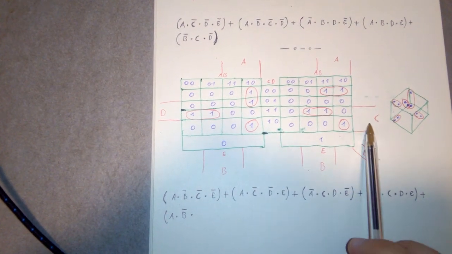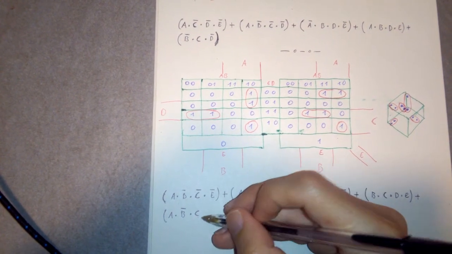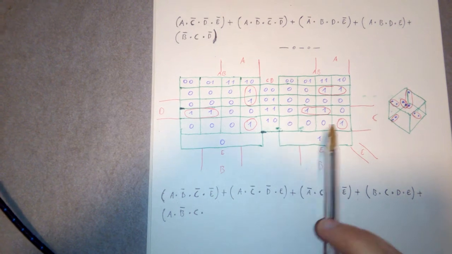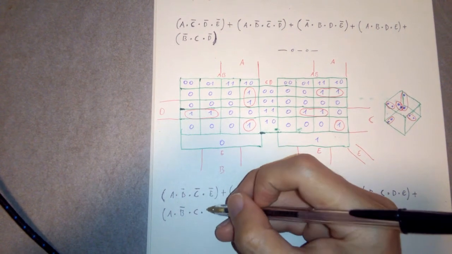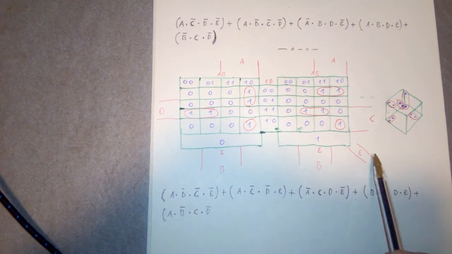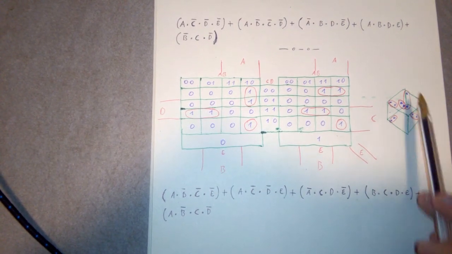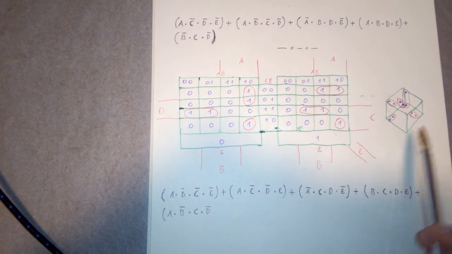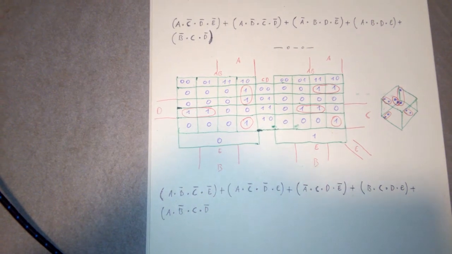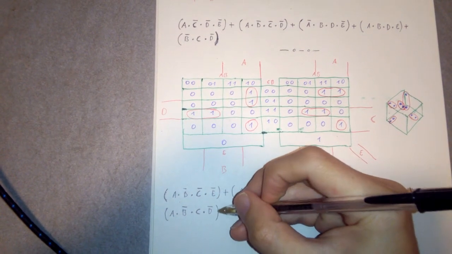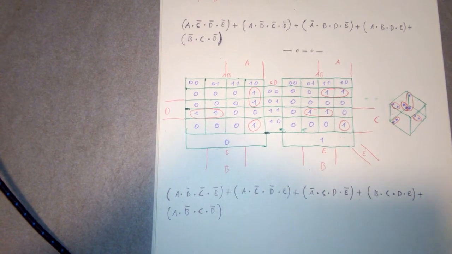They're both inside of C, so we're going to have C. And they're both outside of D, so we're going to have D naught. Lastly, we cannot say anything for E because it's one on the bottom, one on the top. So it's both inside and outside of E, so we're going to leave E alone. And this one is our final expression.